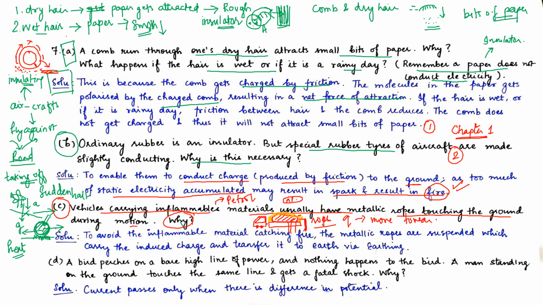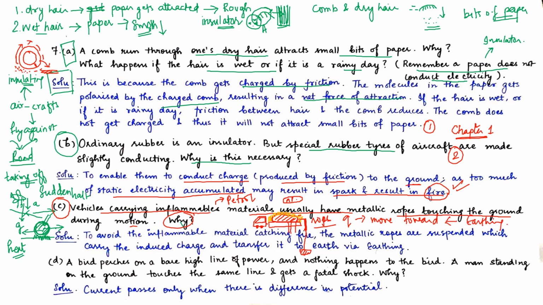They hang from here and are attached to the earth, keeping some friction and touch with the earth, and they remove all the excess accumulated charge to the earth. So this is also a type of earthing.